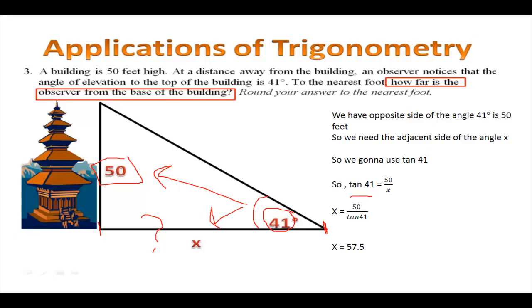By cross multiplication, 50 over tan 41, so x will equal 57.5 feet.